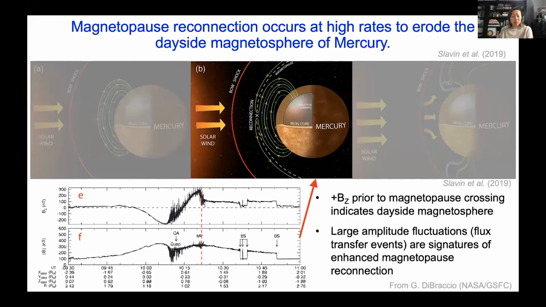Now, competing with this is the magnetopause reconnection process. This occurs at very high rates to erode the day-side magnetosphere. And so you can again see from the BZ component, it goes from negative to positive, indicating the day-side magnetosphere. You can see a lot of high fluctuations indicating the magnetic reconnection processes.